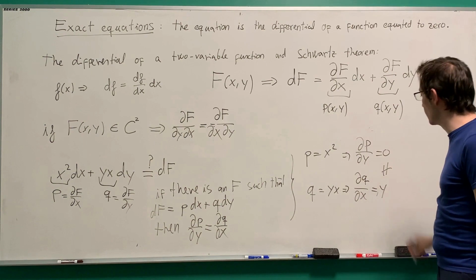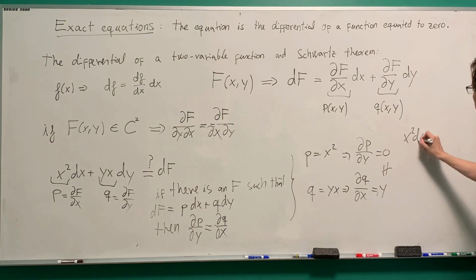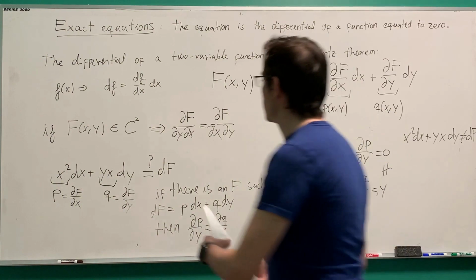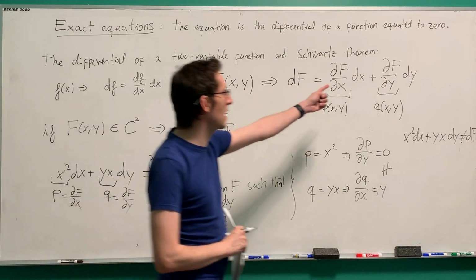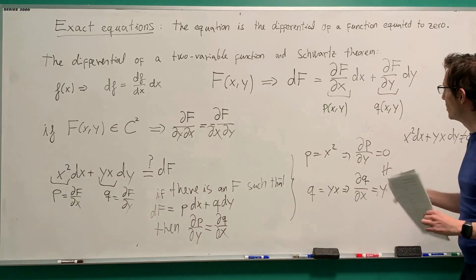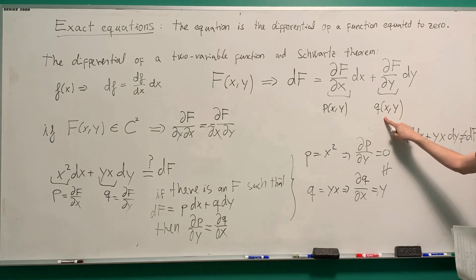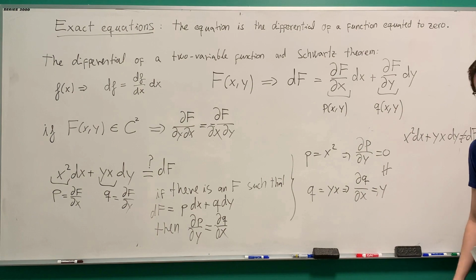Oh, they are different, therefore x squared dx plus yx dy is not the differential of a function f. So this is a case where it is not true that this thing is the differential of a function. That clear? Because to be a differential of a function means, through Schwarz theorem, that the partial derivative of p with respect to y has to coincide with the partial derivative of q with respect to x. And in this example, we see they don't.